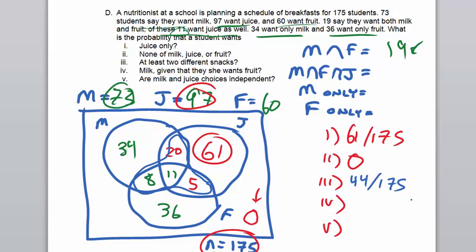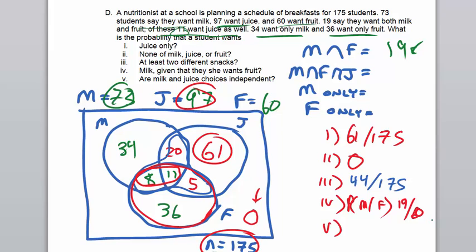Milk, given that she wants fruit. So we're into a conditional probability this time. Given that she wants fruit means we are in that circle, and wants milk, so I'm dealing with a restricted sample space. That is 19 out of everybody who wanted fruit, 19 out of 60.